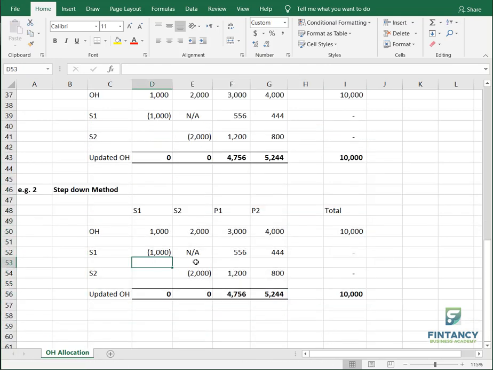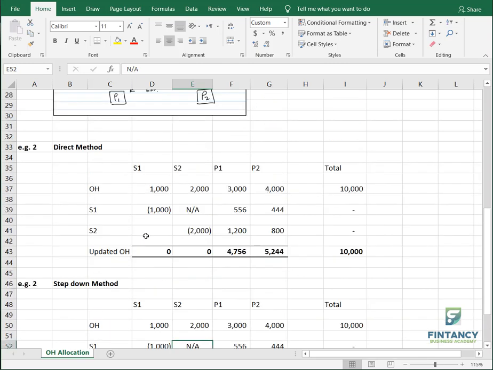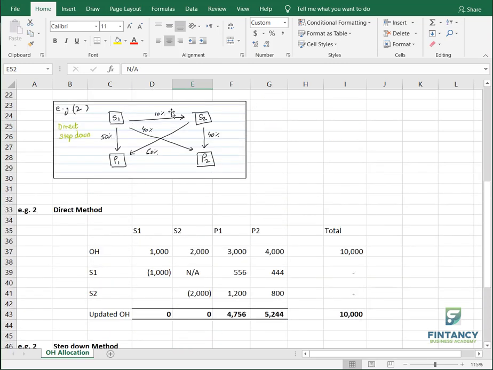So see, in step down method, there will be only one change. And what is that change? We will give to S2 also. Remember S1 was giving to S2. In step down, we will consider this.